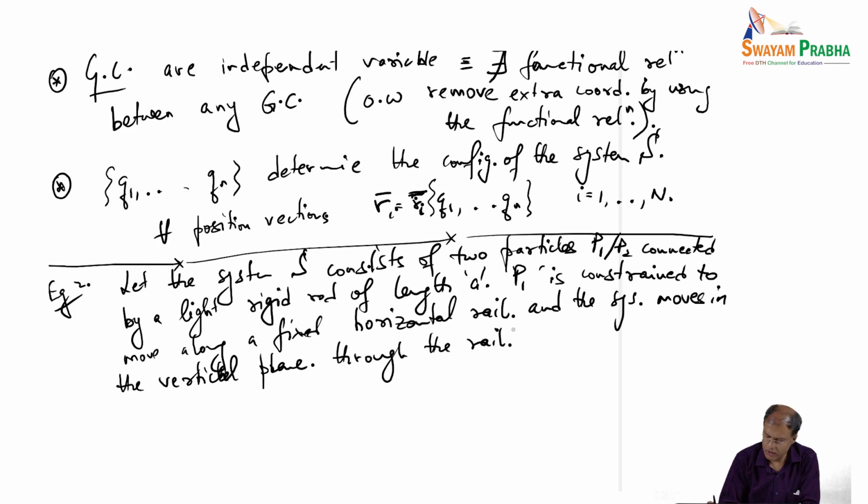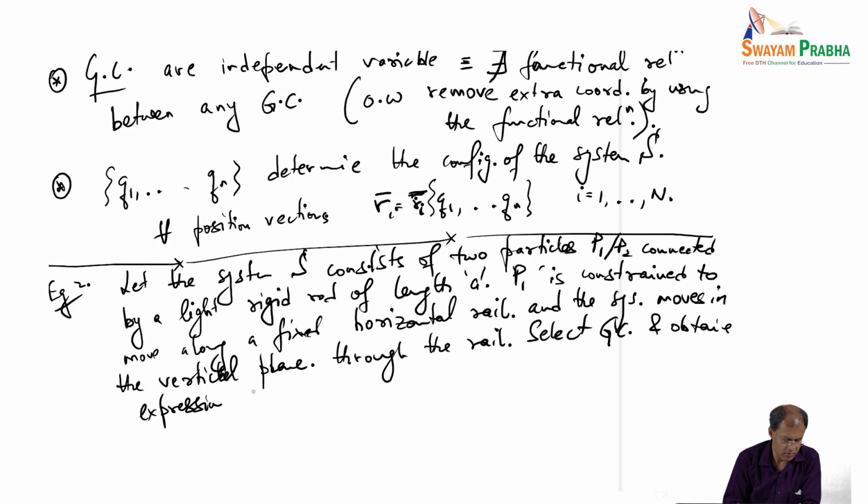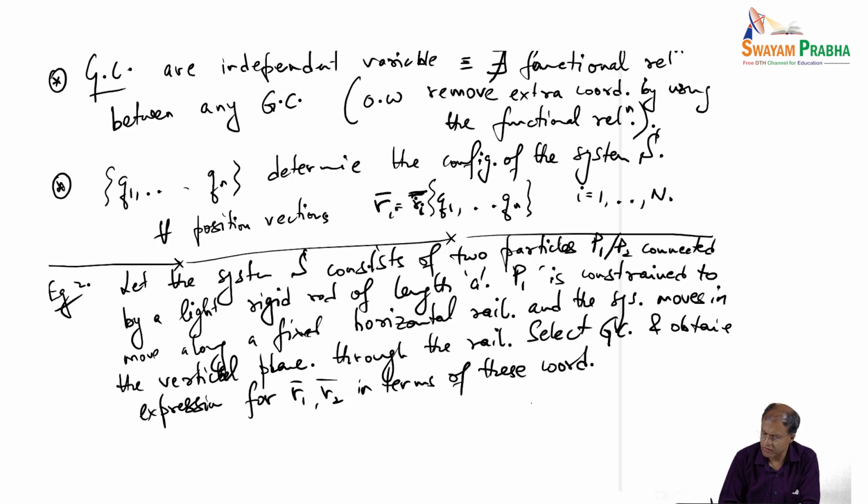Okay, so we need to find the generalized coordinates. So select the generalized coordinates and obtain expressions for r1 and r2 in terms of these coordinates. Okay, so what are we talking about? We have a system of two particles.